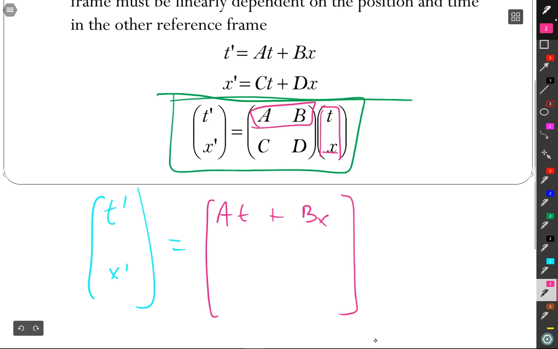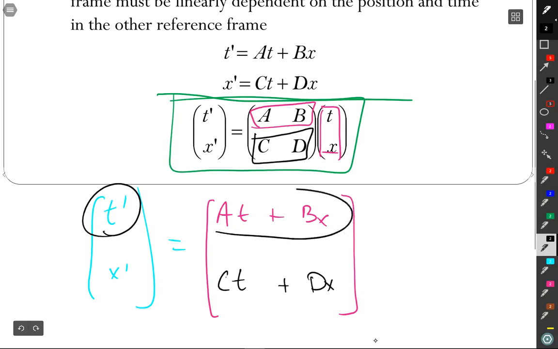So row 2, I changed the color. There. Row 2 times column 1, and that's going to be ct plus dx. And then you just say, well, the thing that's in the top must be equal to the thing in the top. So we have t prime is equal to at plus bx. Right? They're the same set of equations written in different forms.